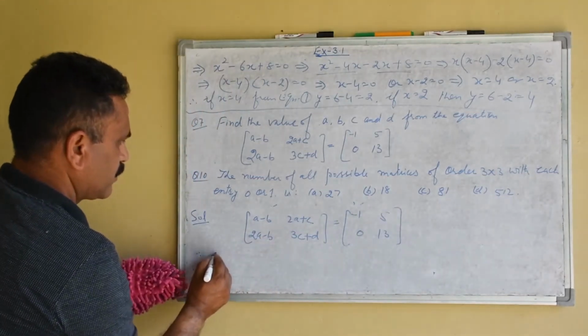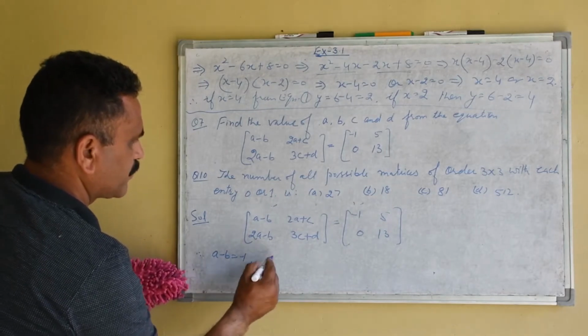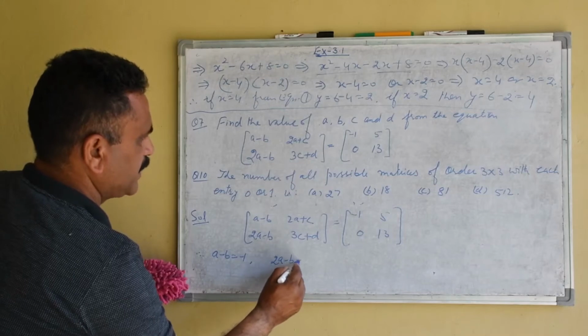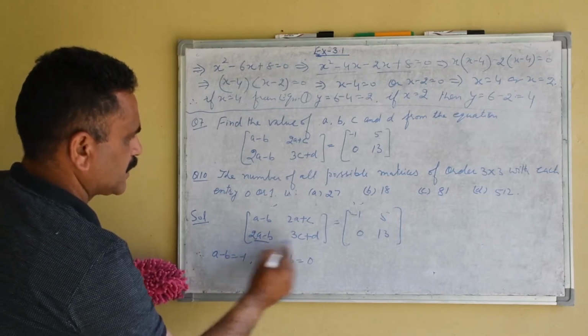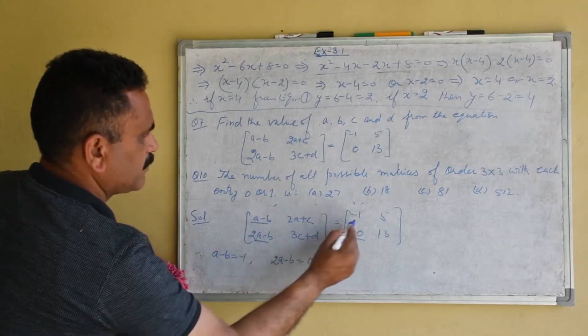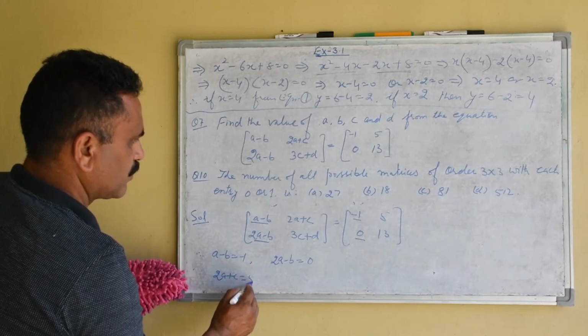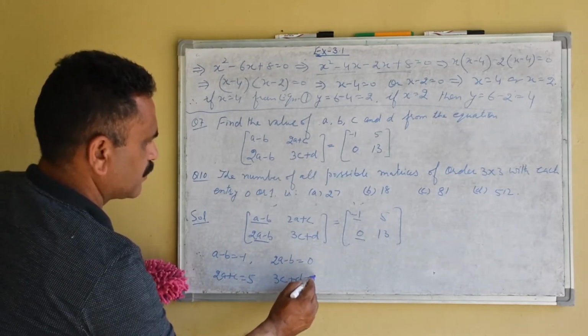Therefore, a minus b is equal to minus 1, and 2a minus b is equal to 0. 2a plus c is equal to 5, 3c plus d is equal to 13.